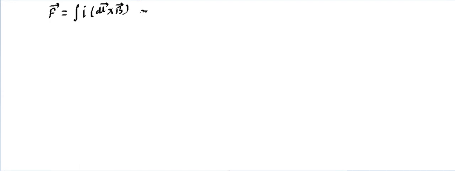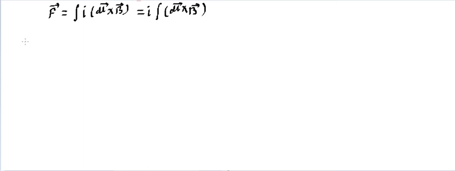So this can be further simplified in this manner. That means I is a constant, and this is going to be integration of dL cross B. So the idea would be, first you go for the dL cross B and then go for the integration, and the length will be running from initial length to final length.